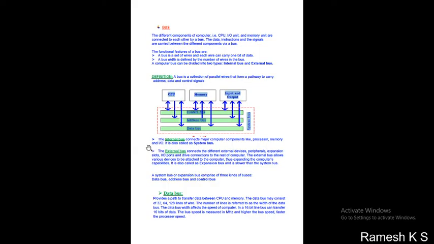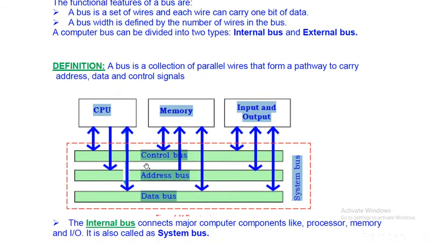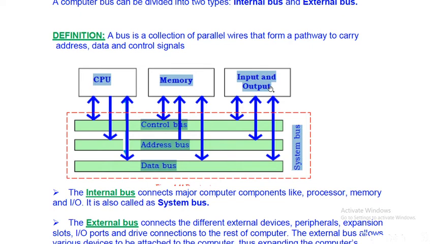This is an example for bus: CPU, memory, and input output. In order to carry data, address, and control signals, we require a path. That path is called a bus.